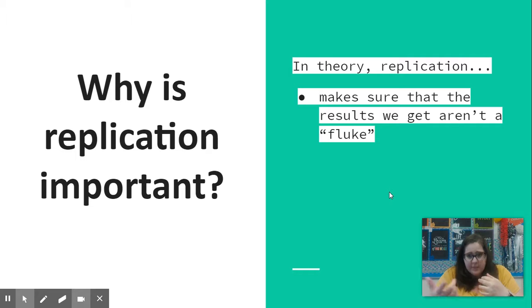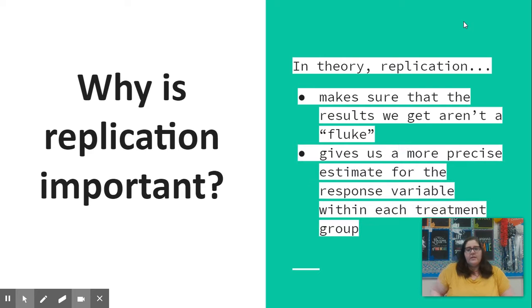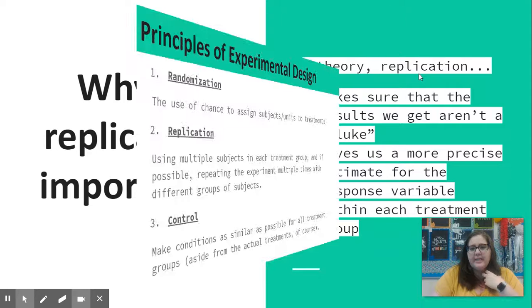Whereas if we repeat the experiment multiple times and get the same results, we're more confident in those results. It also gives us a more precise estimate for the response variable within each treatment group. So the more subjects we have within each treatment group, the better idea we have of the true response, or what the data actually looks like for each of those treatment groups. It gives us good data.